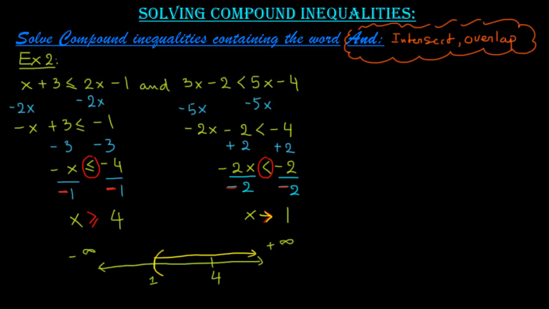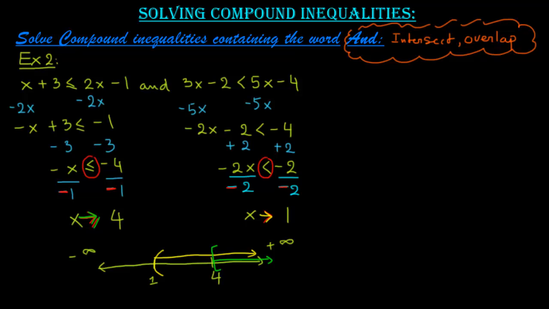And at 4, let me use a different color here. This would be the one here. At 4, put the tail for the inequality. That points me to the right as well, and with the equal sign we will use the bracket.